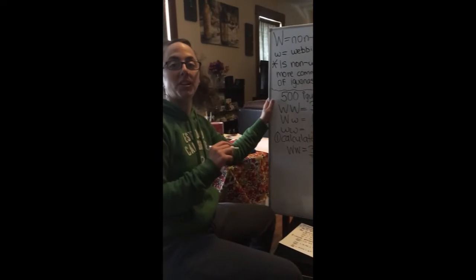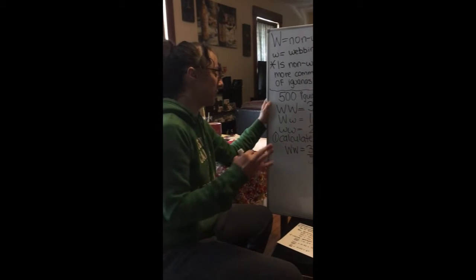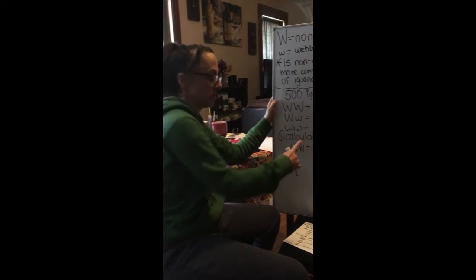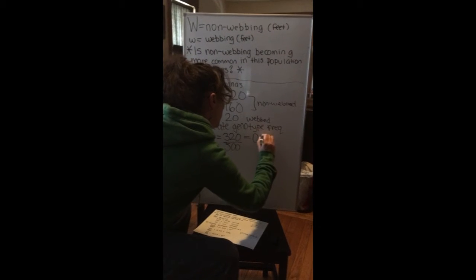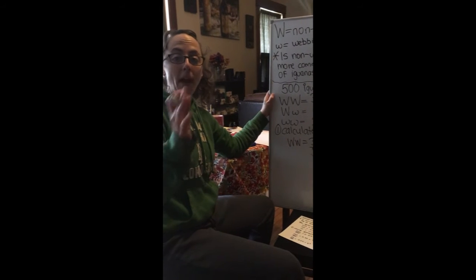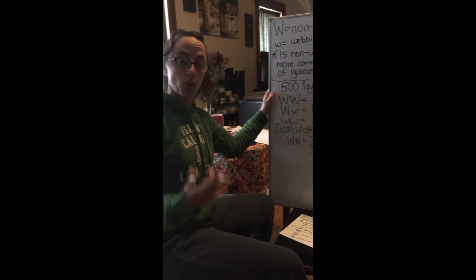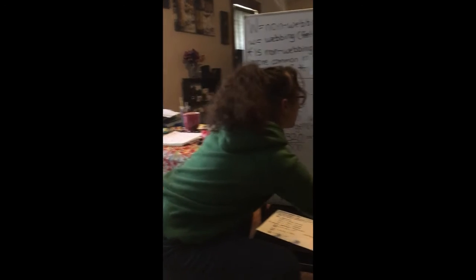So 320 divided by 500. I did the math for you guys. This is going to calculate what percent of my population is homozygous dominant. That is equal to 0.64. Going back to that Hardy-Weinberg equilibrium equation, this is representing p squared.